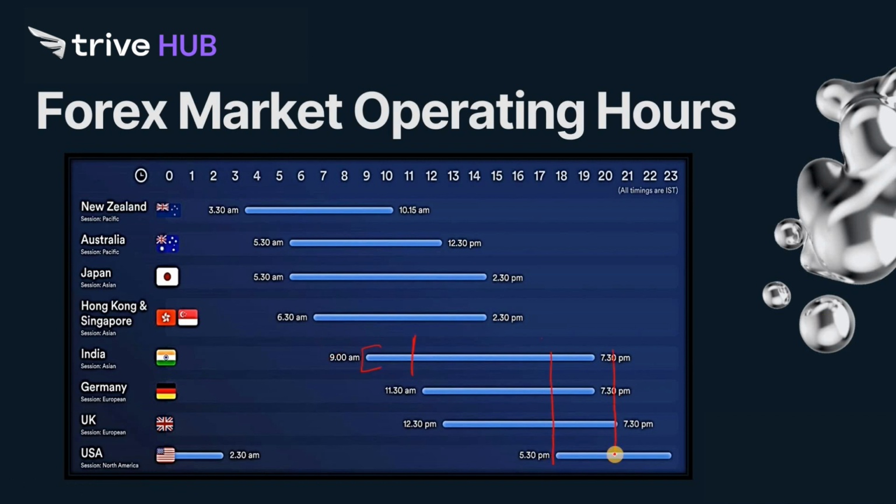From 5:30 to 7:30, a lot of sessions are overlapping, and the most important one is the US market, because the US market has very high volume, so that is overlapping with the Indian time, which gives the most active session.